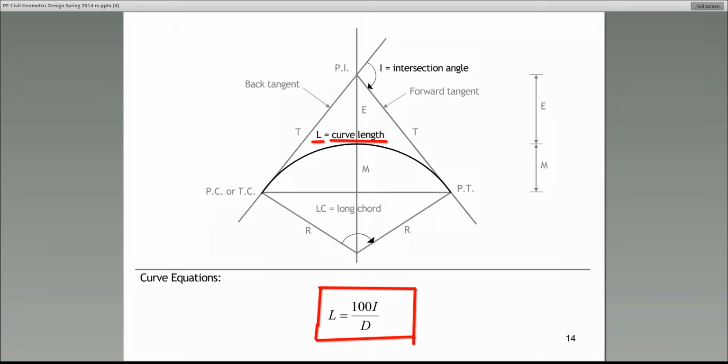All right, make a note of it. Just the letter L, capital L, is the length of the curve, and that is related to I, intersection angle, and D, degree of curvature, through this equation. So L is equal to 100 times I divided by D. Now, both I and D, those are angles, and they are in terms of degrees.